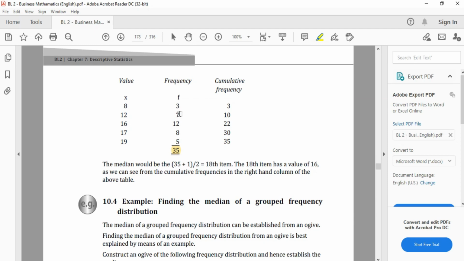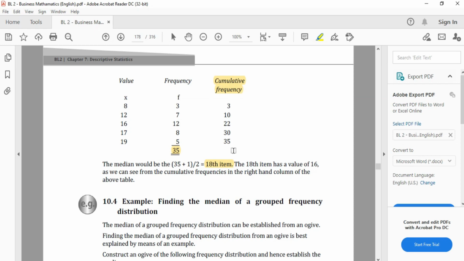So number of items plus 1 divided by 2 will give the item number which has the middle value, which is the median. So they are saying the 18th item is the median. Now, where should the 18th item be? For that you will use this cumulative frequency column.